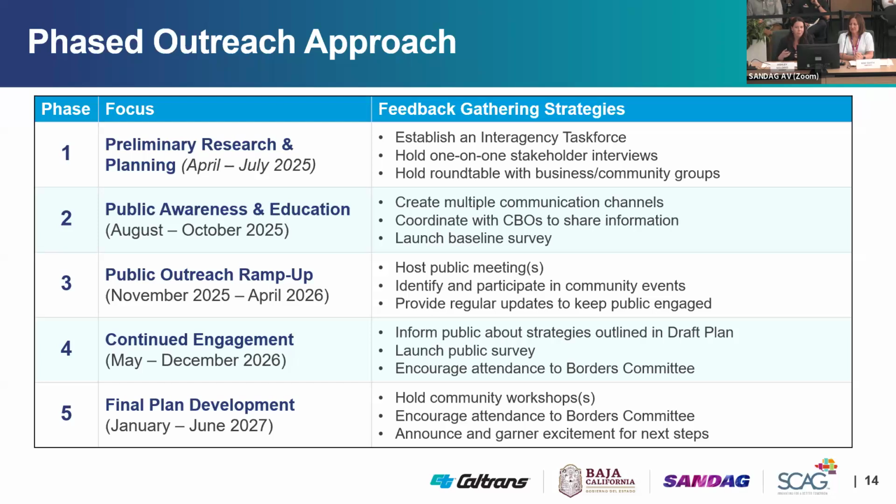We're still early in the process, but some of these initial strategies and tactics could include holding one-on-one stakeholder interviews with cities located within the study area, hosting a roundtable with business, environmental, and community leaders, and coordinating closely with CBOs on both sides of the border to ensure they're up to speed and really involved in those early discussions.